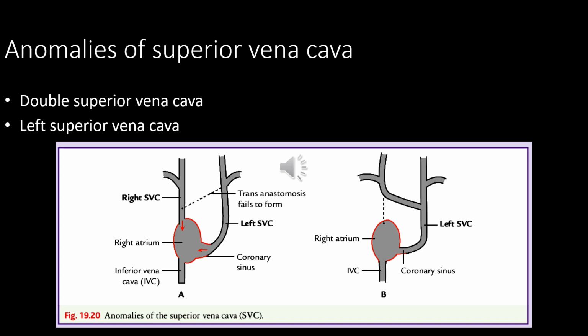So there is a left superior vena cava as well, and that will join the coronary sinus, which is coming from the left horn of the sinus venosus before it opens into the right atrium.